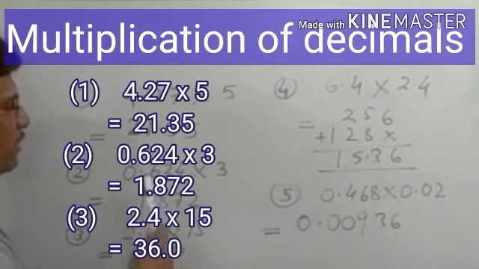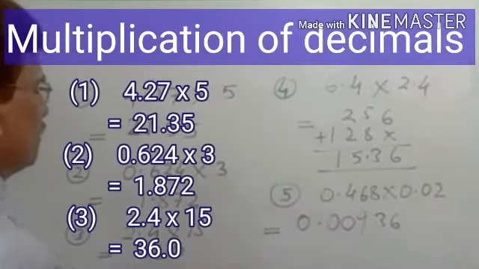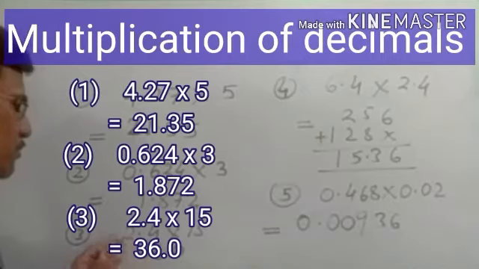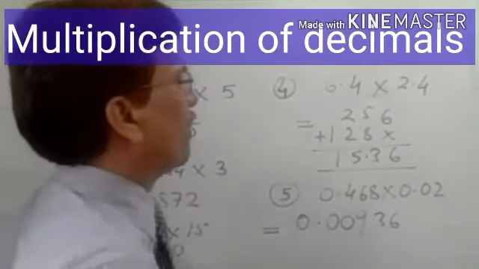The decimal will be put here. It becomes 1.875. Third, 2.4 into 15. First we multiply 24 by 15 ignoring the decimal. We get 360. Now after the decimal 1 digit, so we have to put the decimal after 1 digit from the right. 36.0.